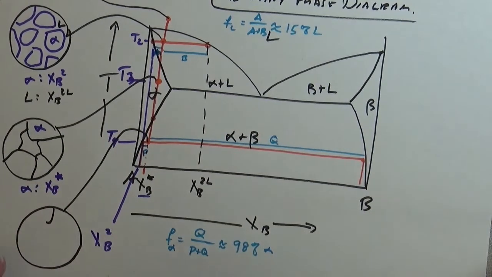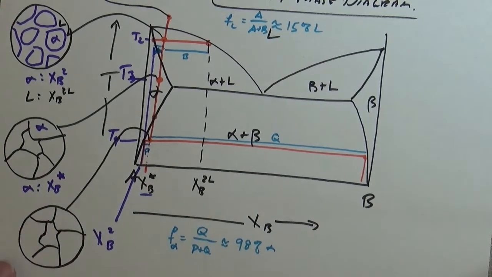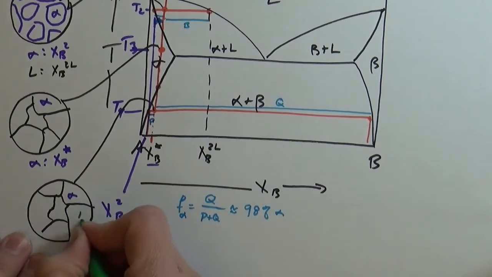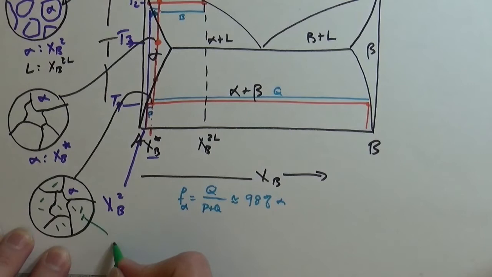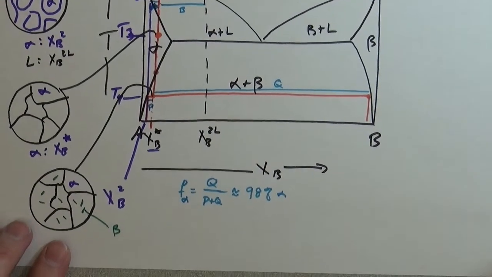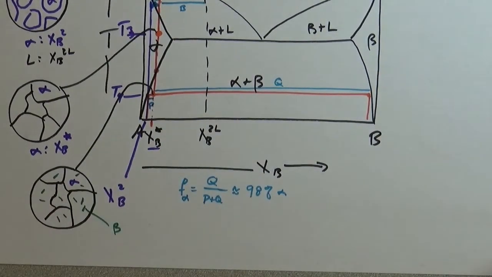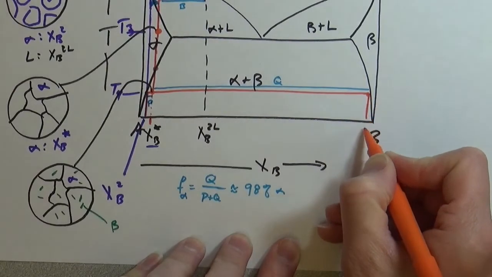And the microstructure then is going to look like this. This is alpha phase. And then interdispersed, we're going to have little parts of beta that are interdispersed in the alpha phase. And if we want to look at the composition of the beta, it's going to come from drawing a line down.